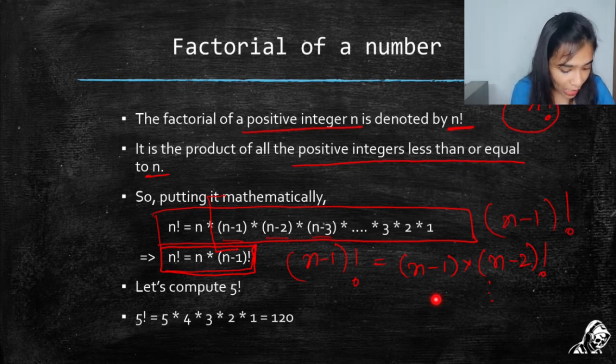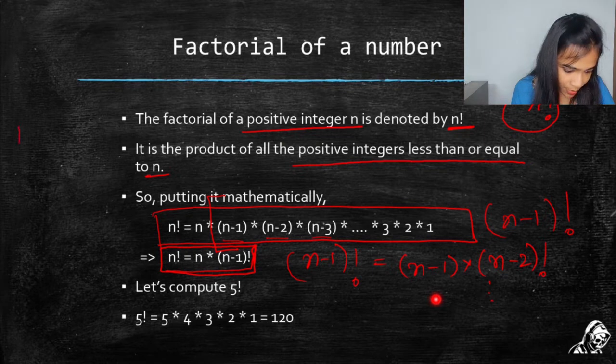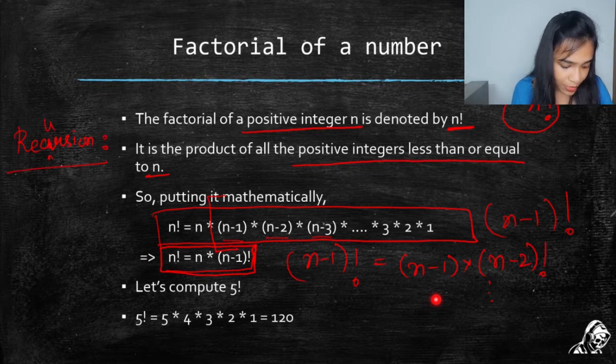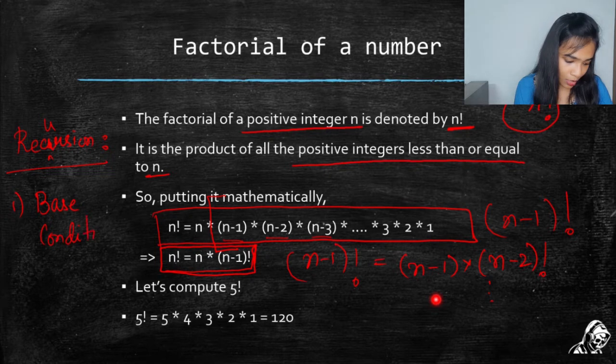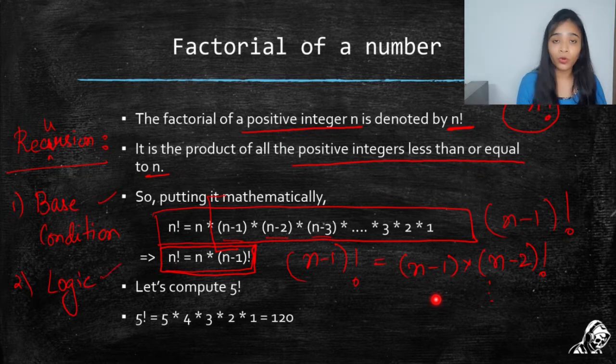So when you have a problem which you need to solve using recursion, there are two things which you need to keep in mind. These are the two most important things. First, your base condition, and second, the logic. If any one of these is not right, your function won't work.